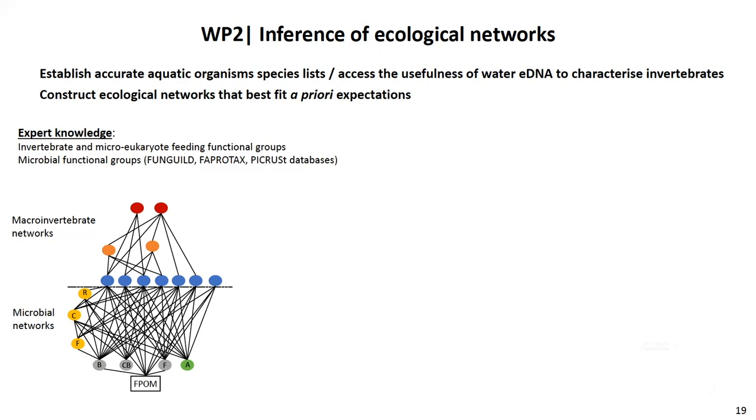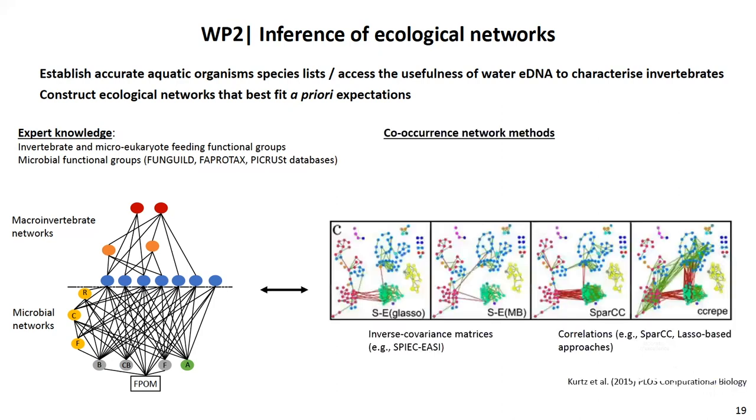So this approach will enable us to construct a true and interactive ecological network of reference. And in parallel, we will also use this metabarcoding data to build an ecological network based on different methods of inference, for example, with inverse covariance matrices, correlation approaches, or probabilistic methods.